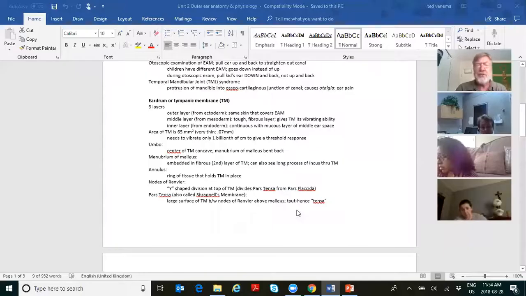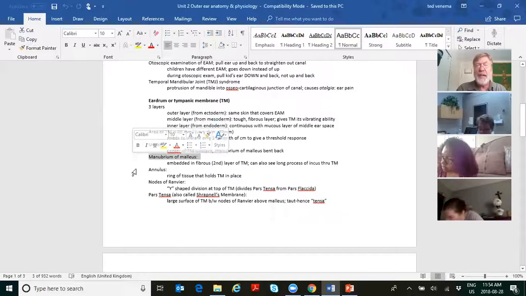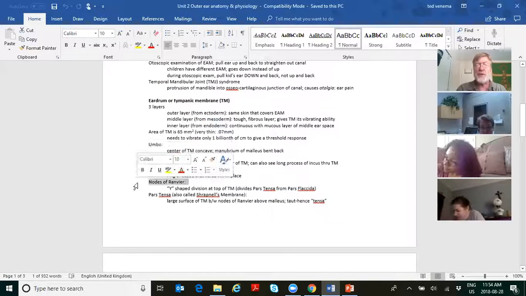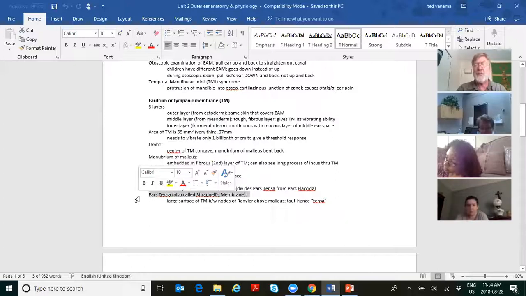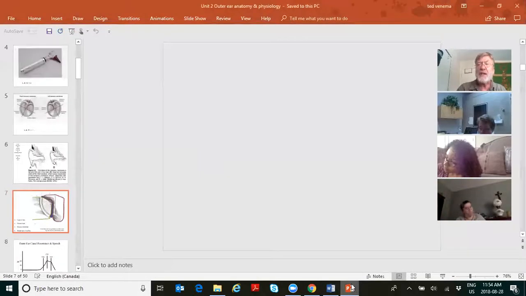Just keep things simple. We don't need to sit there memorizing all these weird little amounts. Just use common sense. Now we're going to get to a part called the umbo, and then the manubrium of the malleus, and then the annulus, and the nodes of Ranvier, and the pars tensa, and the pars flaccida. Well, let's look at that for a sec.